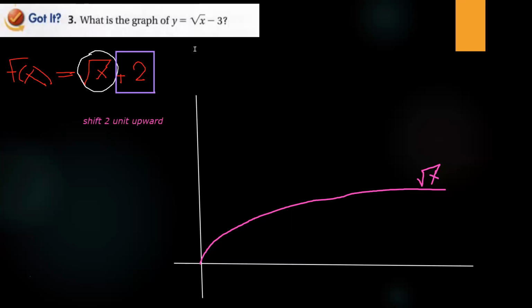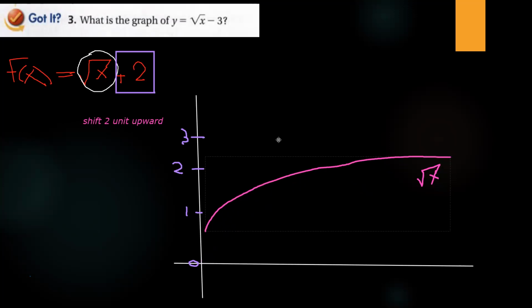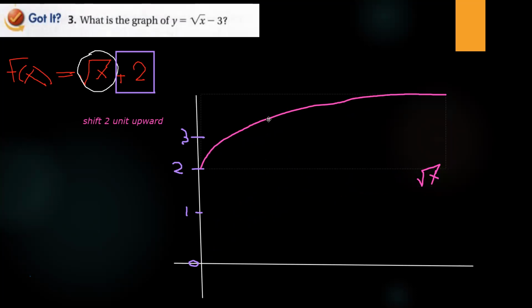When I draw it, I told you this is 0, 0. Here we have 0, 1. Here we have 0, 2. And here we have 0, 3. So shifting the parent, the square root of x, 2 units means I have to move the square root to start from here.